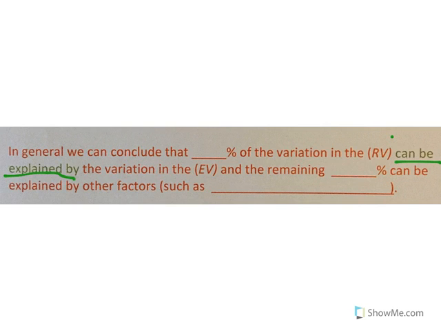Very important, because remember there's only a certain percentage here, it's not 100%. Can be explained by the variation in our EV, explanatory variable, and the remaining percentage, and remember it's got to add up to 100, can be explained by other factors, and then you would just give an example.